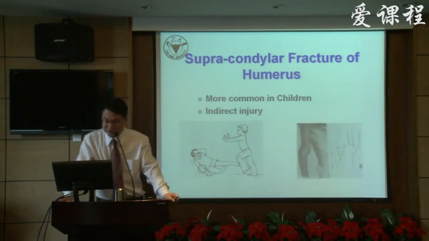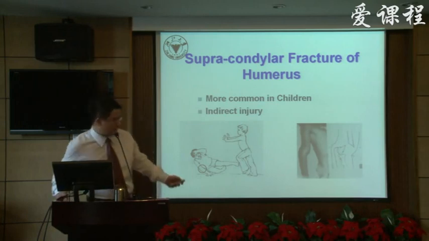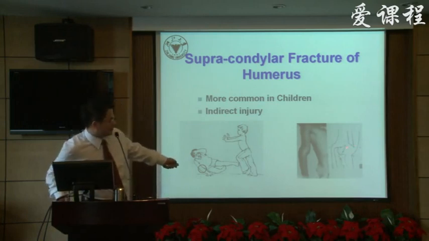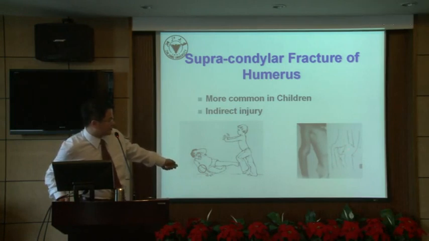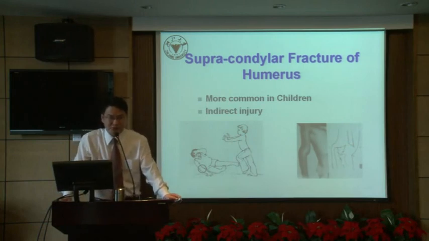Here is a serious deformity of the elbow joint. As I showed here, the fracture ends are really sharp, which will perhaps hurt the adjacent vessels and nerves.